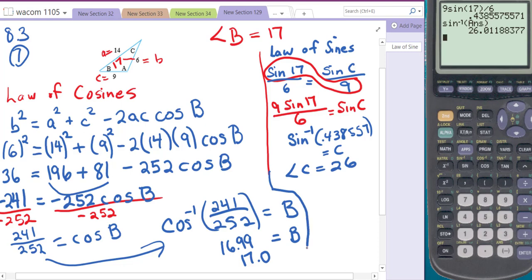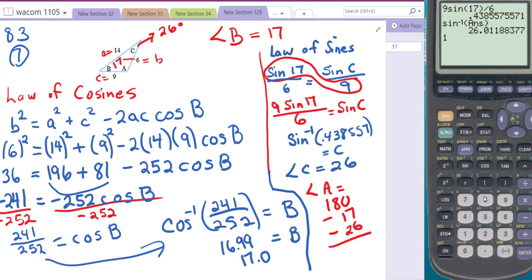All right, and I have one angle left to get. So now I have B and I have C. To get A, I would not use either of these laws again. I would do 180 minus B is 17, C is 26, and see what we get.